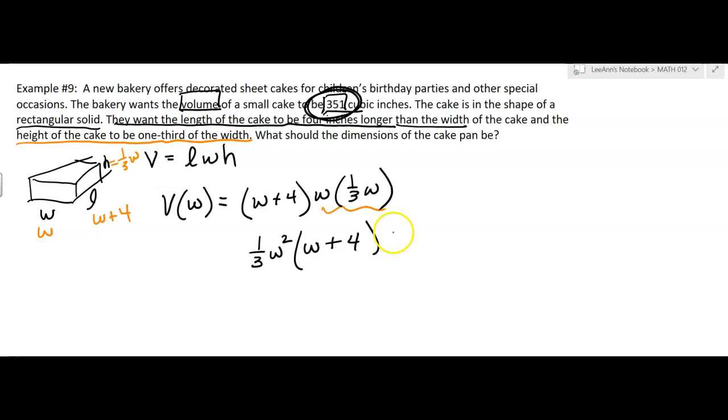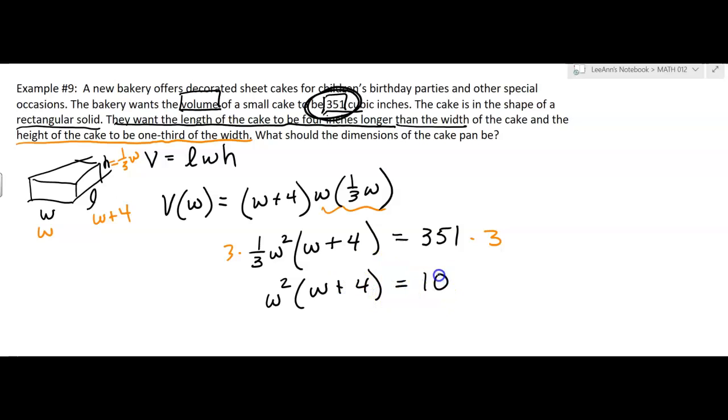And we want that volume to equal 351. Now, I'm not really happy about the fraction in there. This is an equation, so I can just multiply both sides by 3, and that gets rid of the fraction. It makes it kind of a large number on the right, but that's okay.